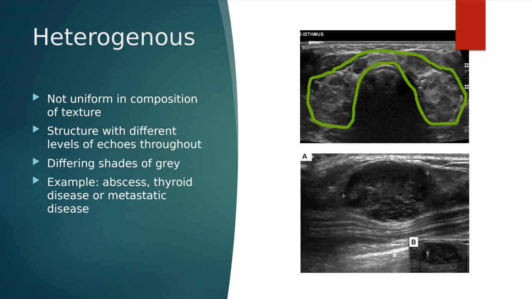All of these little hypoechoic blobs, and then we have some hyperechoic little blobs in there as well. Those are all contributing to that thyroid being considered heterogeneous.